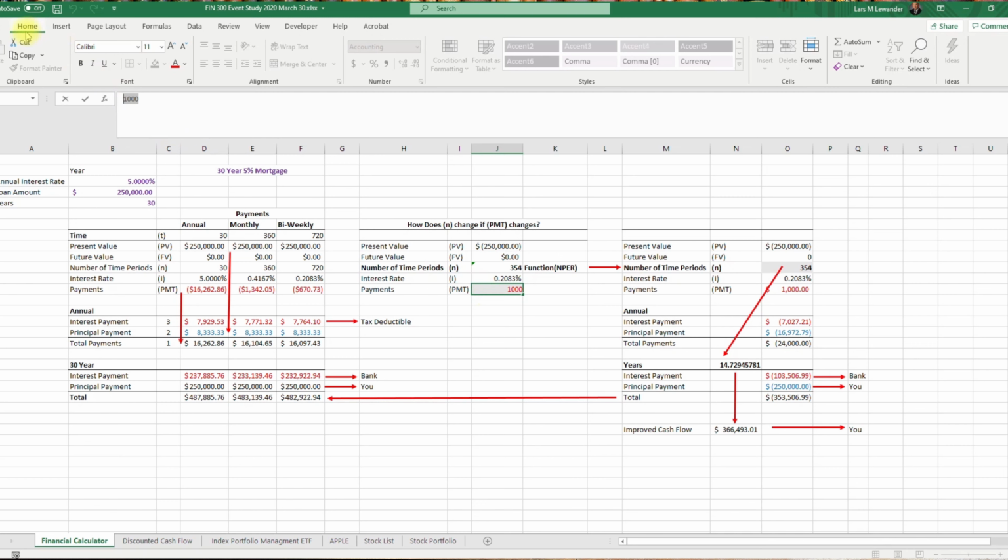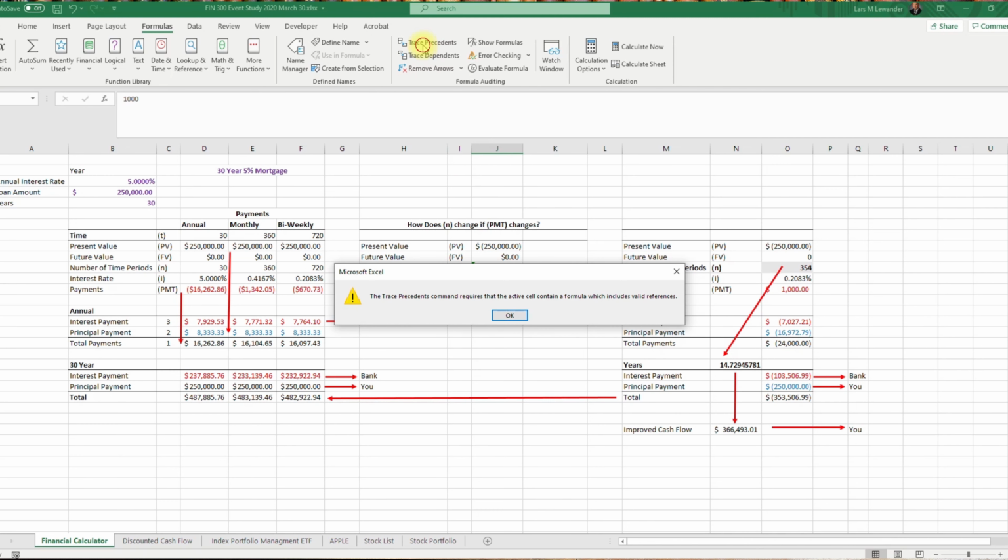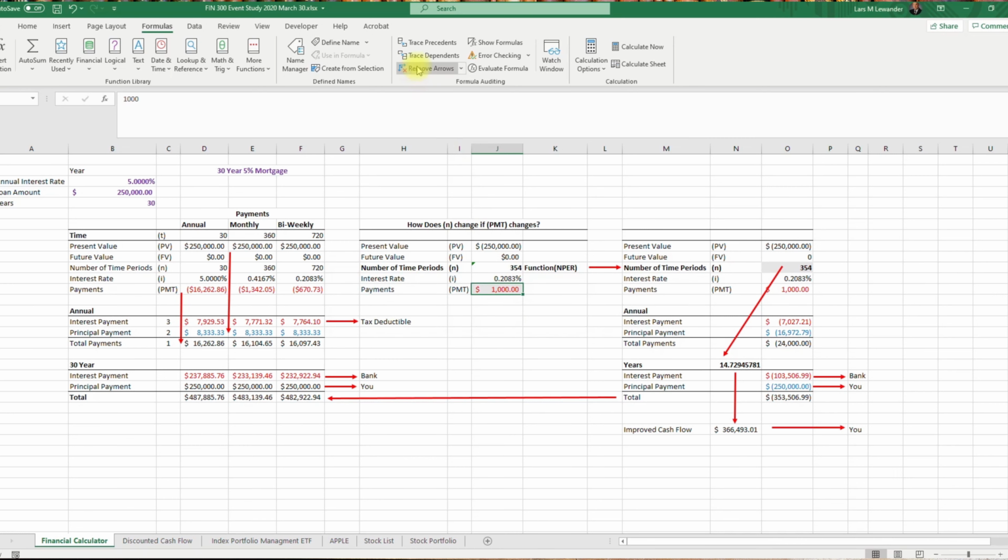So one way to figure things out is to go up here to formulas, and if it doesn't work, you have to click escape, and then it unmarks all of this. And now you can go up here and click on see what cells are being used that input. So there's no inputs that are coming into the cell, so you just click OK.